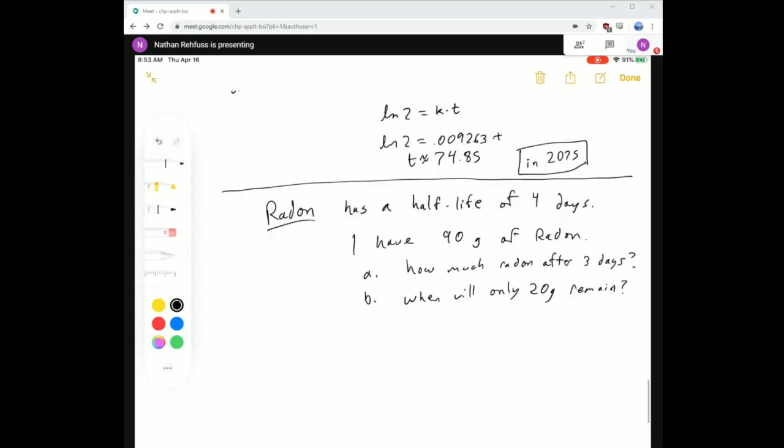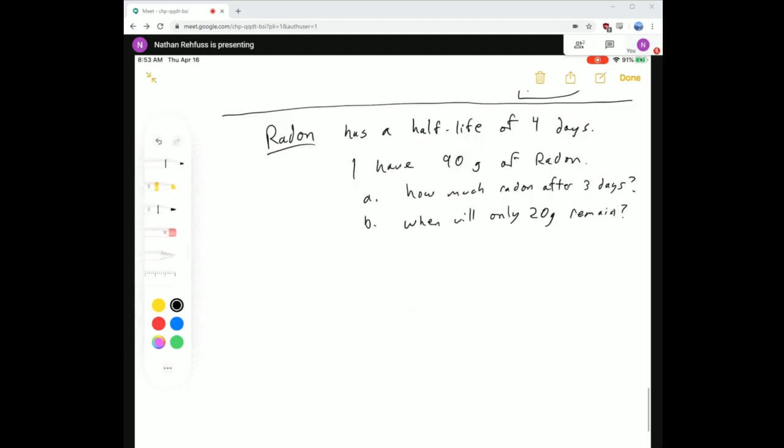Now, to solve either of these problems, we're going to want to start by coming up with a model. And now that 90 grams is going to be our initial value. Again, there's plenty of different ways. Sometimes I like to write these models as functions.